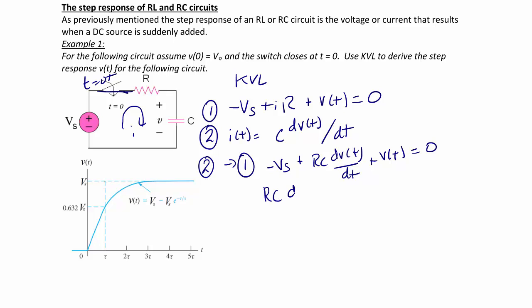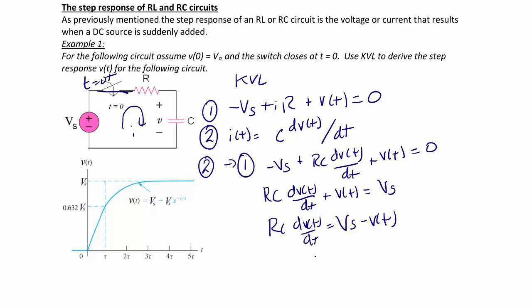So I have RC dV of t dt plus V of t equals Vs. So now I'm going to subtract V of t, and I will have RC dV of t dt equals Vs minus V of t.